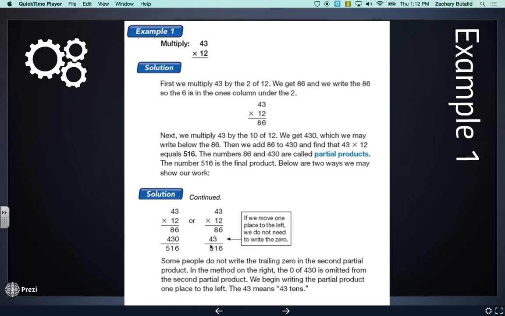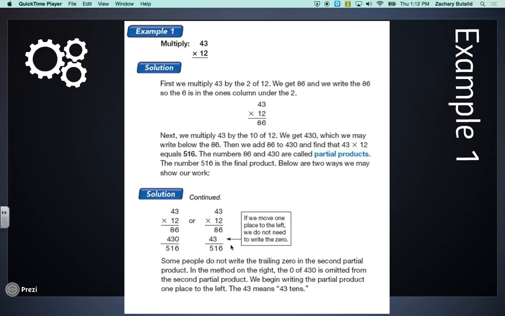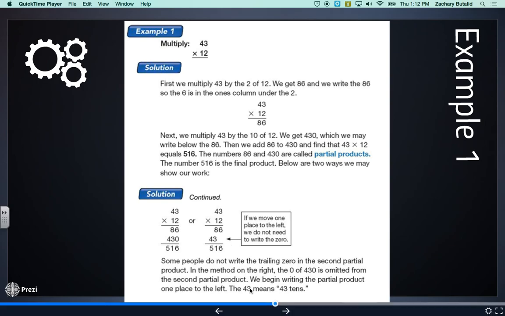The real thing that you need is this 516. Some people do not write the trailing 0 at the second partial product. In the method on the right, the 0 from 430 is omitted from the second partial product. We begin writing the partial products one place to the left; the 43 means 43 tens. So this is just 43 tens. And we're just taking that 0 out.